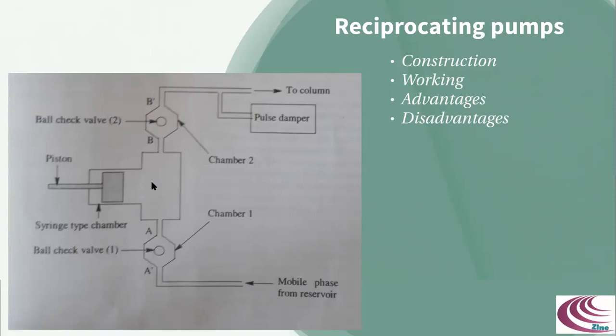In working, when the piston is drawn at the back, towards the back side, the ball check valves, that is 1 and 2, occupy the positions A and B respectively.